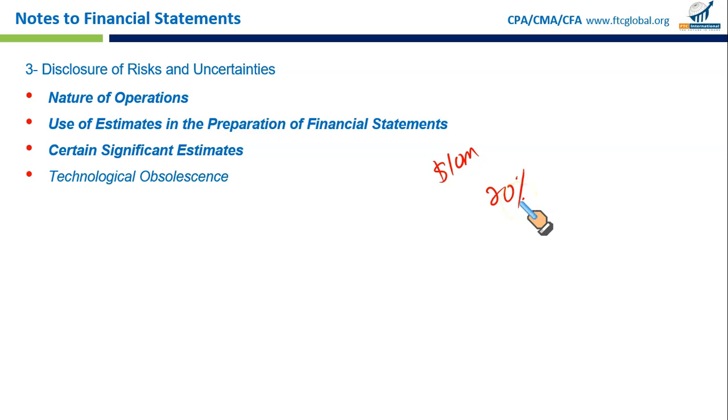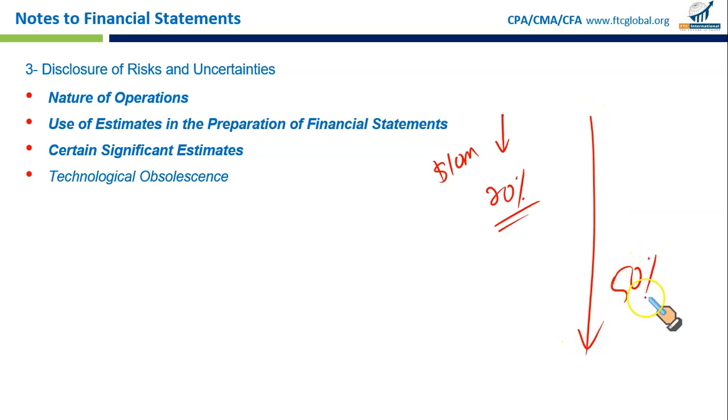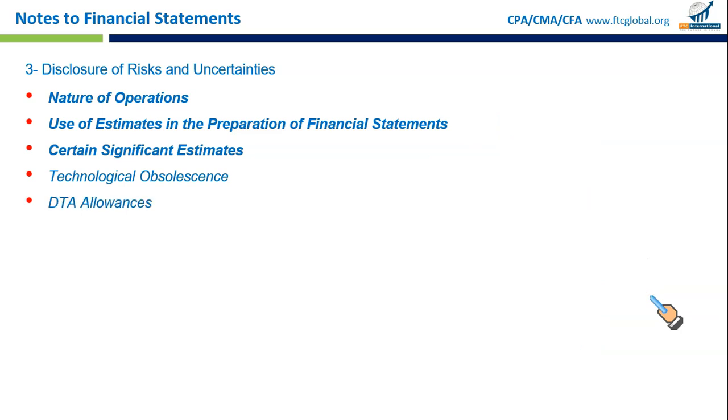New technology has resulted in a probable, likely decrease in your sales, and you think that 20% of the stock is gone, meaning the value of the stock has fallen by 20%. But in actual fact, the fall could go as high as 50%. So this is the significant change that needs to be reported.